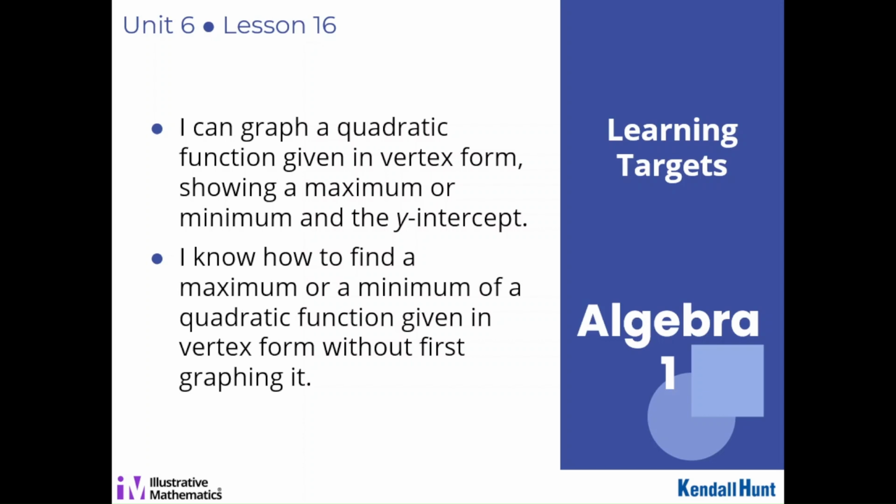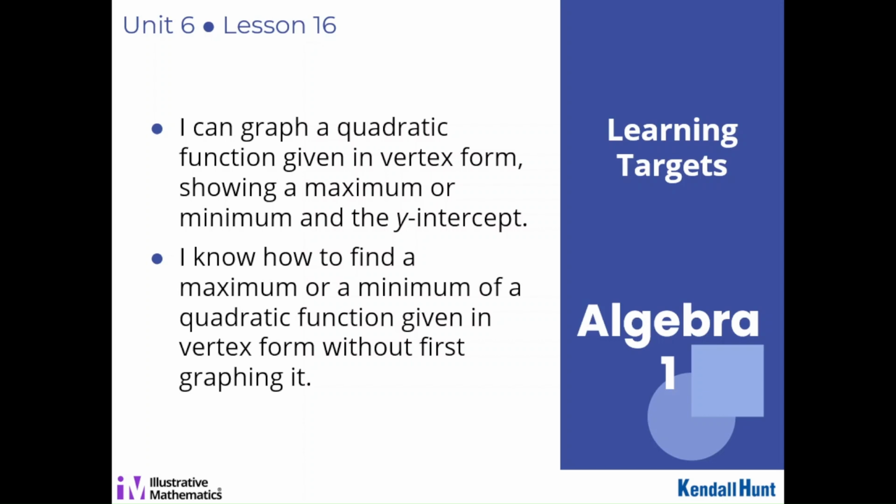And then using your understanding that parabolas are symmetrical, you can use your vertex and your y-intercept to find a symmetrical point to your y-intercept. Once you have those 3 points, you can draw your parabola that connects them.